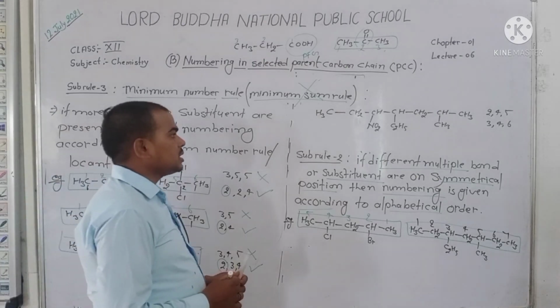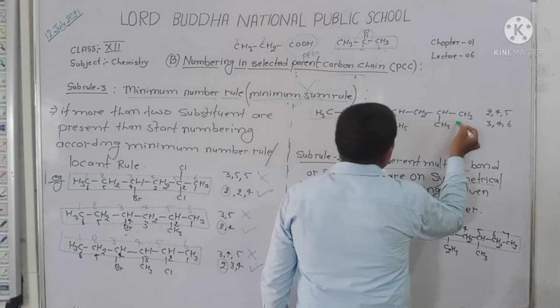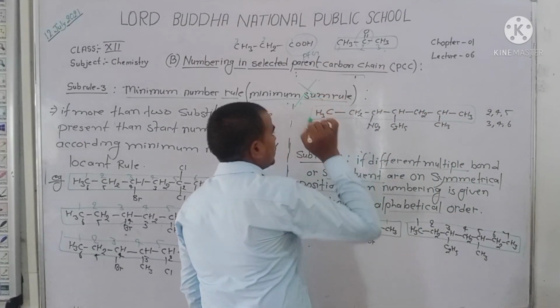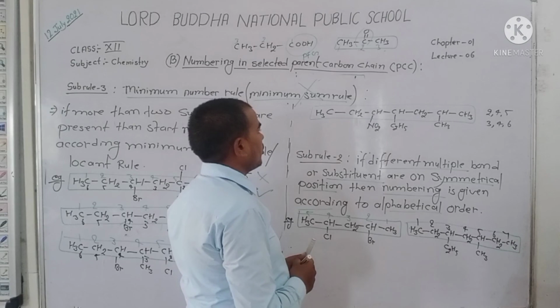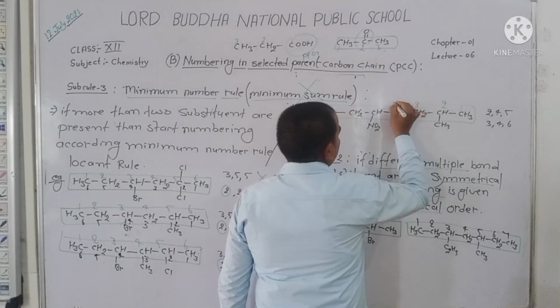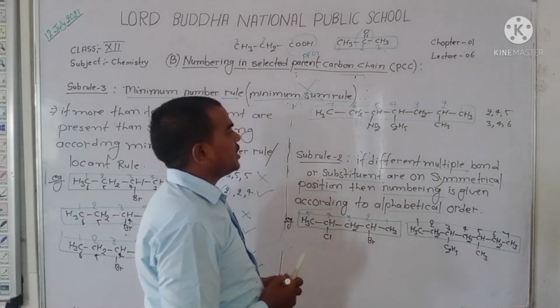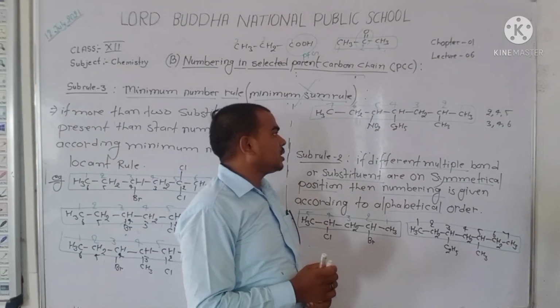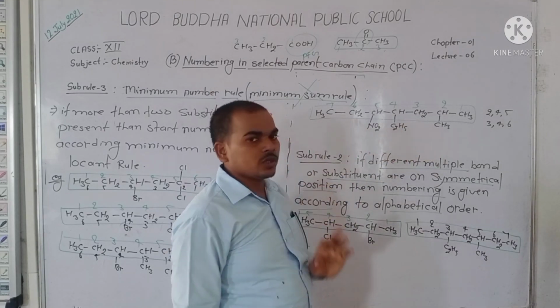Okay. Next example, student, the PCC is here. If you count carbon from here, 1, 2, 3, 4, 5, 6, 7, then you get substituents present at 2, 4 and 5 positions.